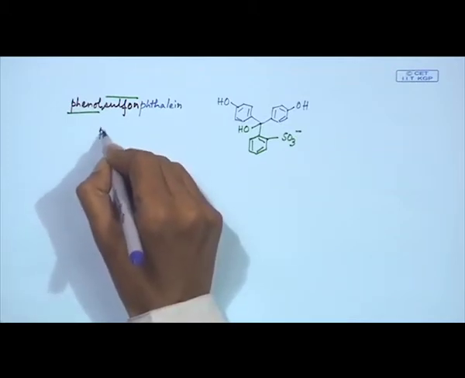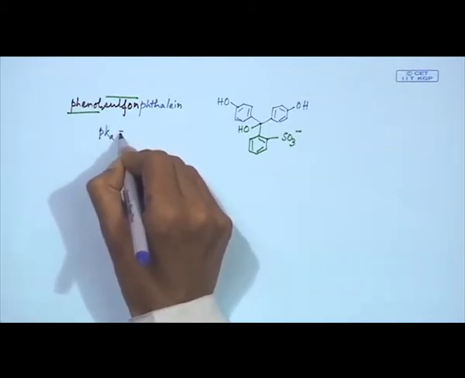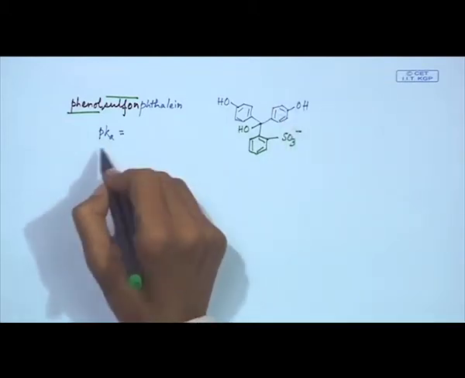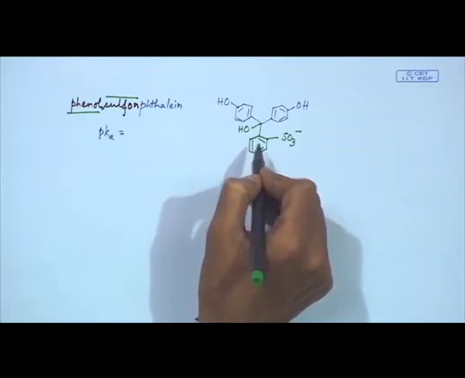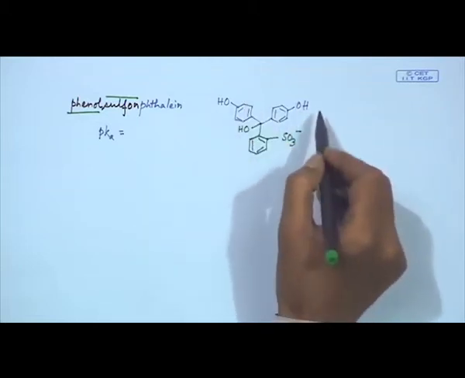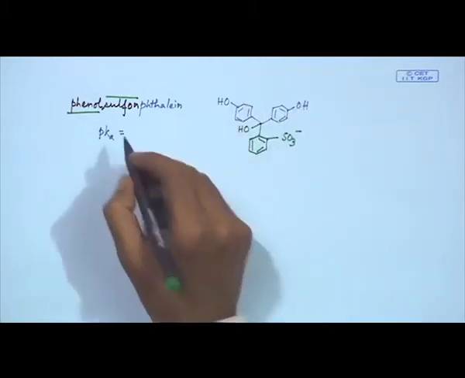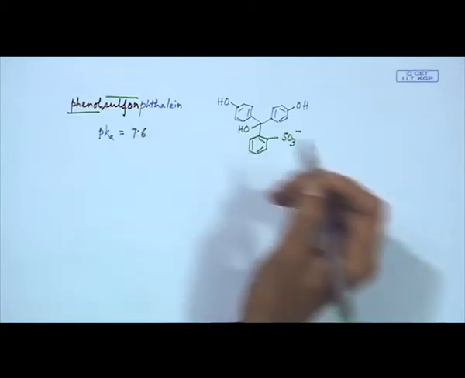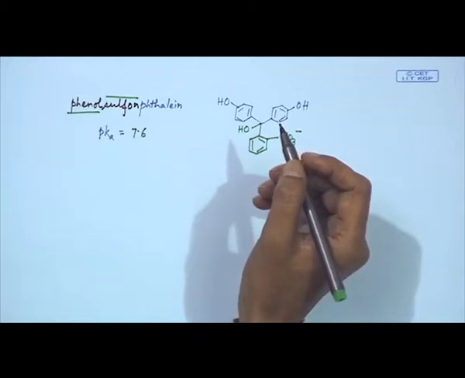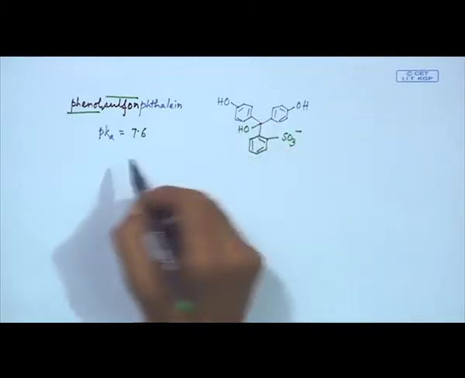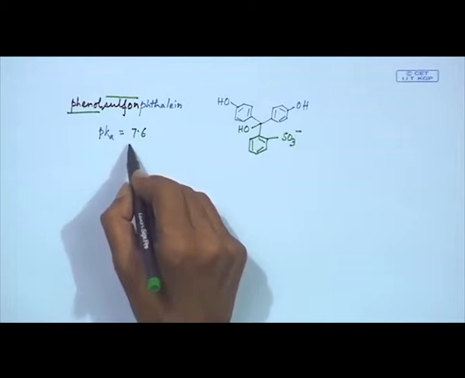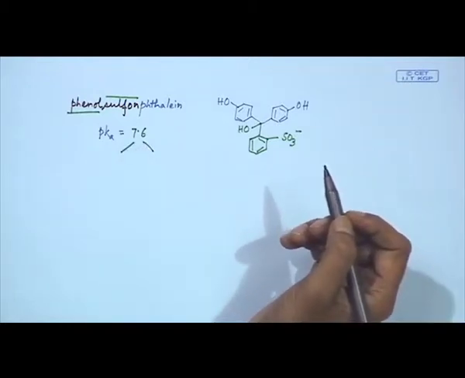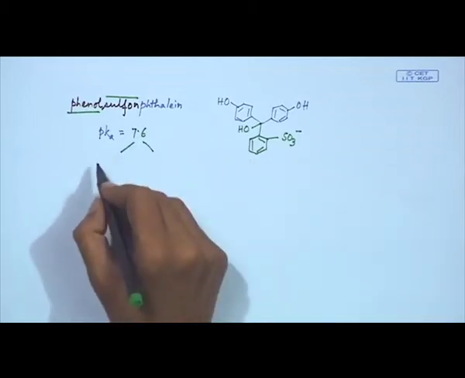This can also be determined experimentally, by knowing the concentrations at different buffered pH values of the medium. The pK value here is 7.6, and whenever we get a pK value, there should be a rule for telling the color change range.